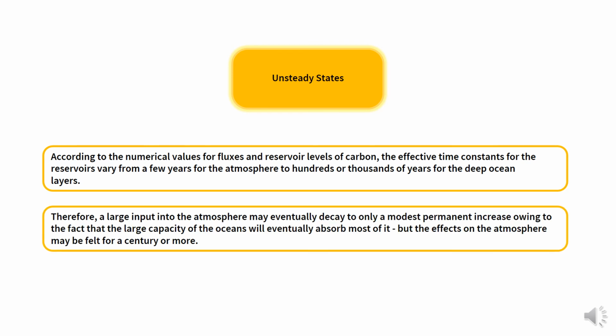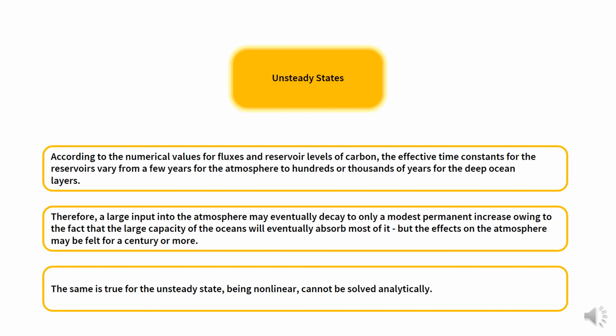Therefore, a large input into the atmosphere may eventually decay to only a modest, permanent increase, owing to the fact that the large capacity of the oceans will eventually absorb most of it, but the effects on the atmosphere may be felt for a century or more. In this case, for the unsteady state, the same is true, and the steady state, being nonlinear, cannot be solved analytically.